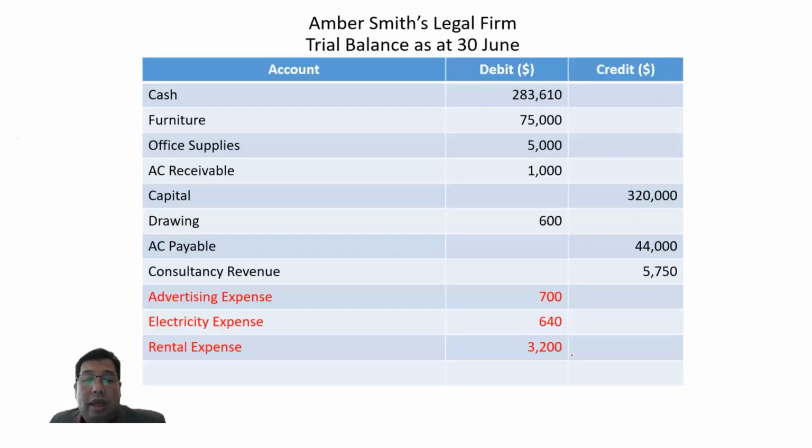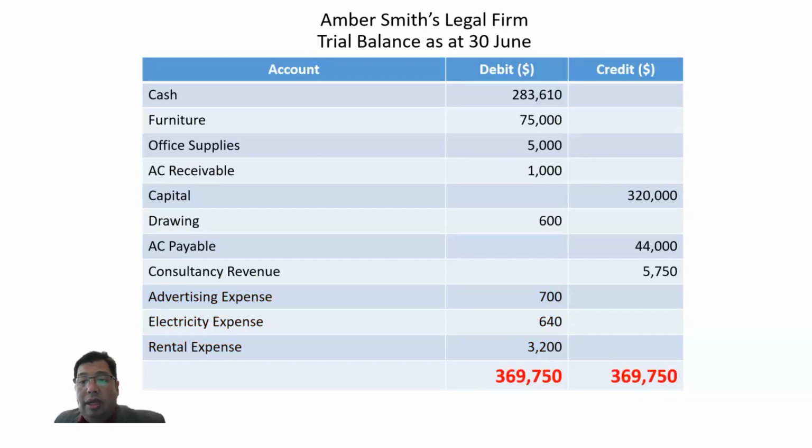So just put it here, and then the next process is to check whether your total debit and total credit are the same. You need to total this, use your calculator, and check whether total debit and total credit are equal or not. Let us check, and we get the same answer.